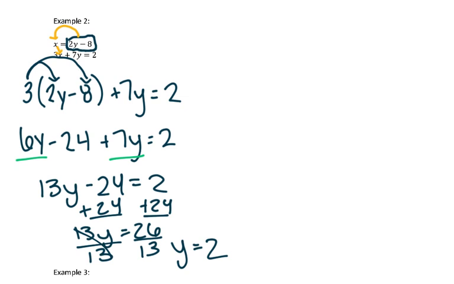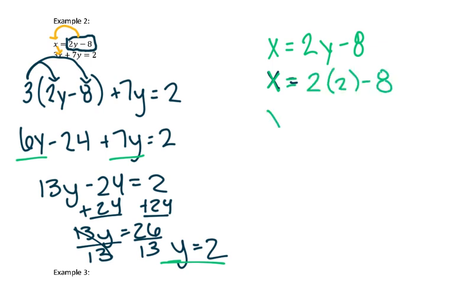Now we go ahead and we're going to take our answer, we're going to plug it back in to either the y equals or x equals. Well, in this case, we have an x equals. So I'm going to take my y equals 2, and I'm going to plug it in where I see y. So 2 parentheses 2 minus 8. X equals 4 minus 8.